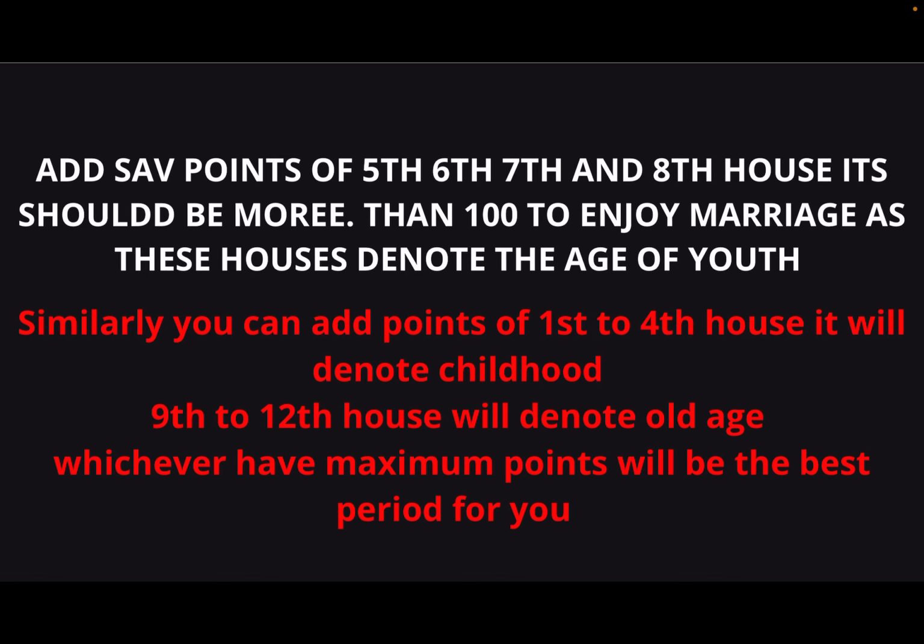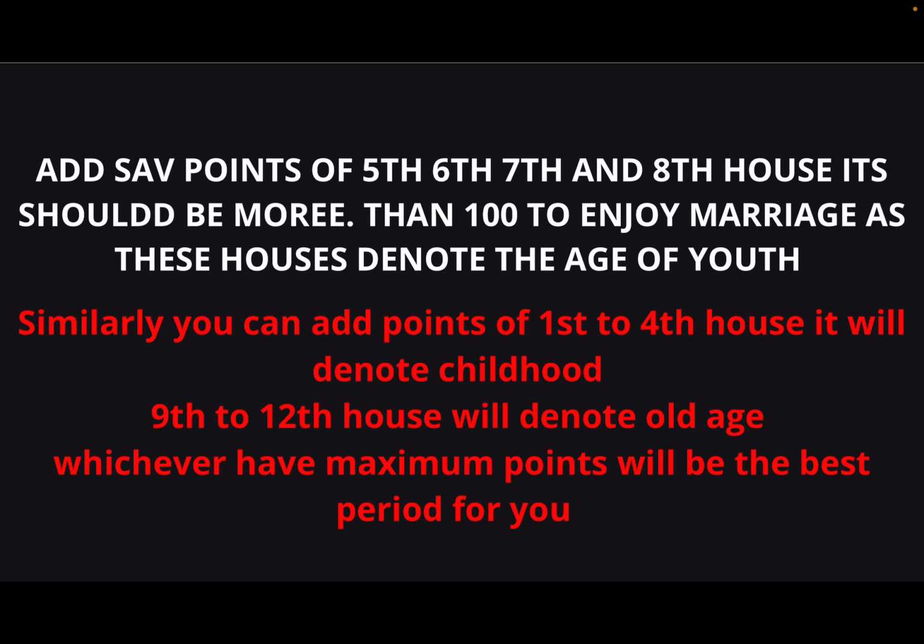Adding the Sarvashtakvarga points of the 5th, 6th, 7th and 8th houses shows us how prosperous or how successful we can be in our youthful time span. So if this comes up to 100 or more, we will enjoy marital bliss, prosperity and success in all the endeavors of life during the period of youth.